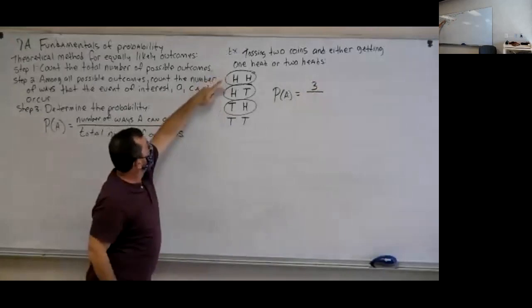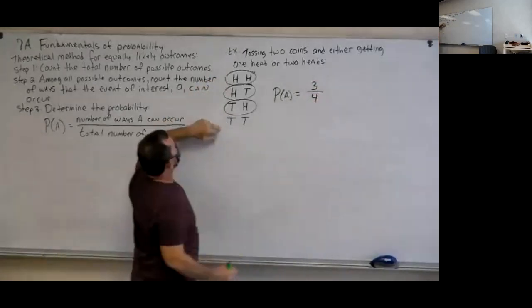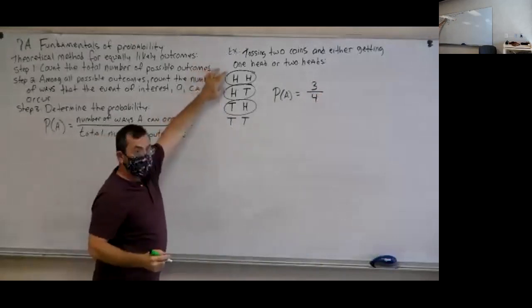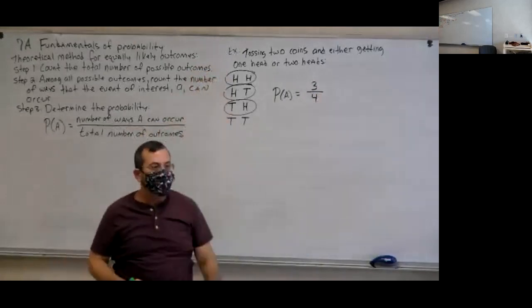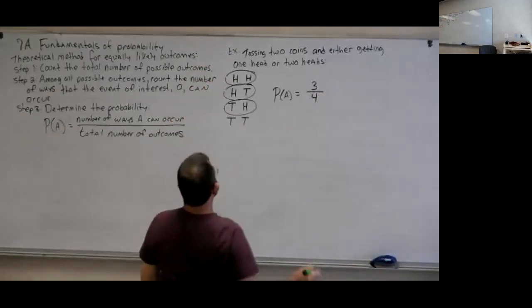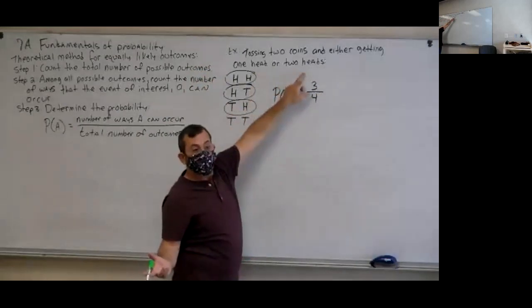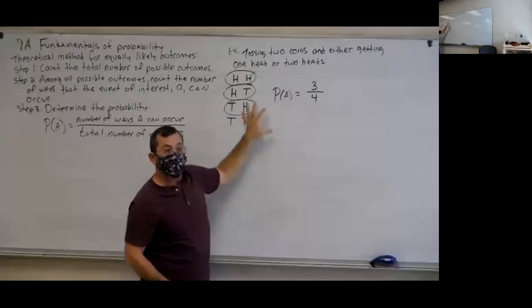Over my total possible outcomes, I had 4. Which means you got a 3 out of 4 chance of getting either 2 heads or a head and a tail, which had 1 head each. Now watch out, because sometimes they might say, what's the chance of getting 2 heads? Well, if I was looking at 2 heads, then I've only had 1 out of the 4 combinations.